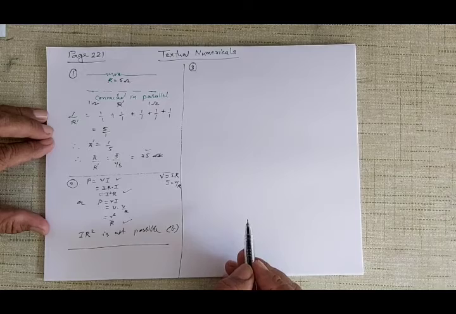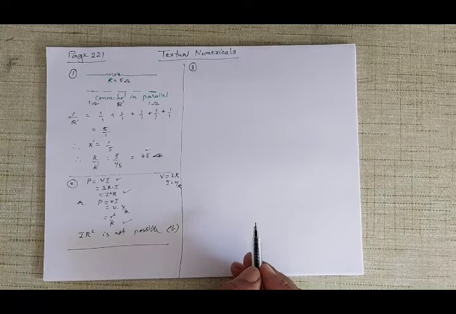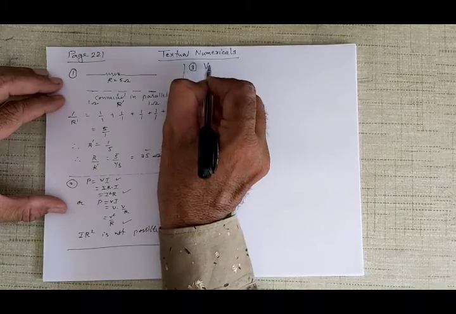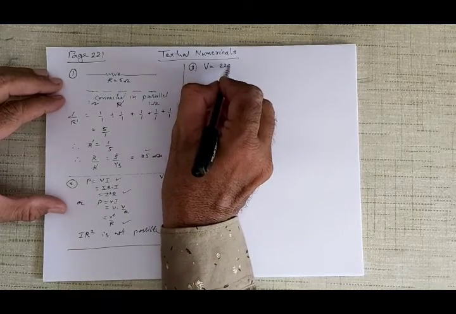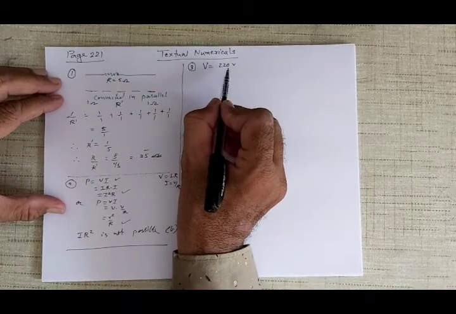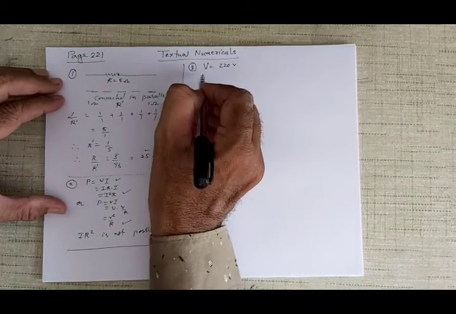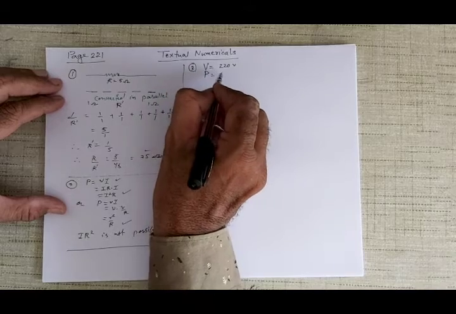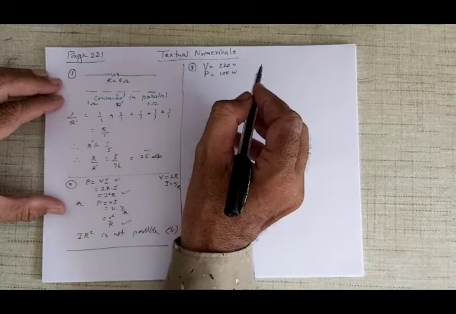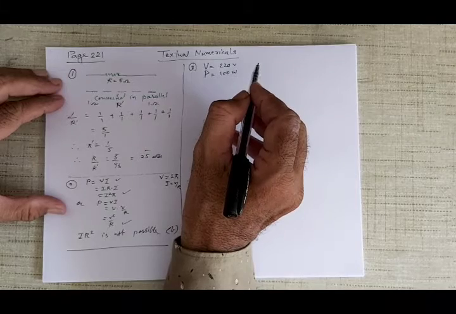Now number 3. An electric bulb is rated 220 volts and 100 watts. A bulb has a rating of 220 volts and 100 watts, so power is 100 watts. When it is operated, what will be the power consumed?